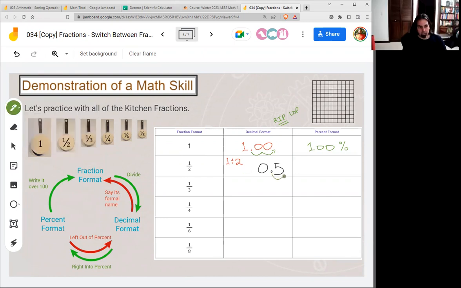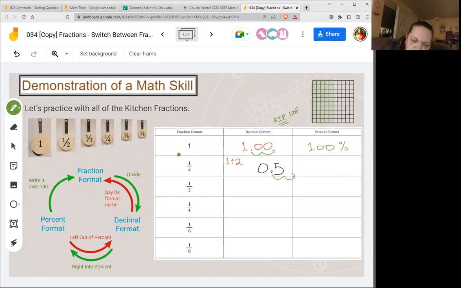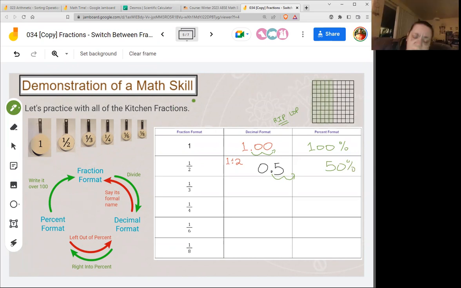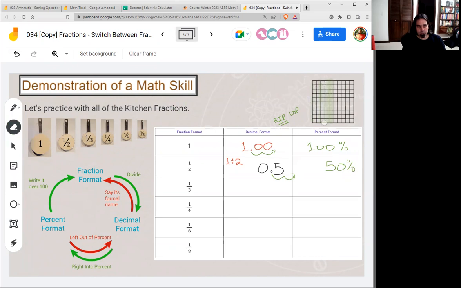And then when I scoot that twice, I have my 5/10. 1, 2, 3, 4, 5. How many out of 100 are covered up? Half of it. So half of 100, 50. Is that making sense? Okay, I'm going to clear the grid again so I can draw on it for the next one.